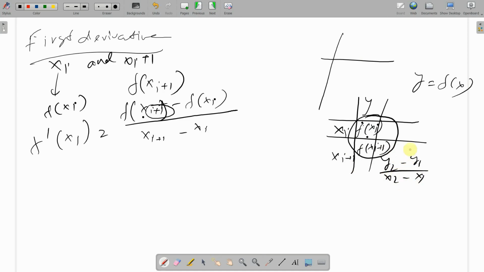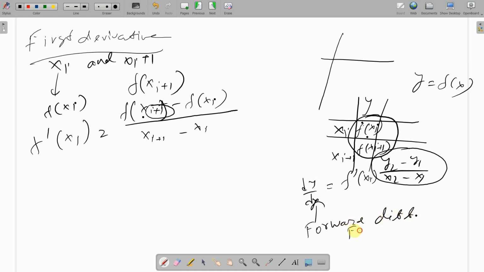So that gives you the slope, and that slope is f dash x_i, that means dy dx. Okay, so this is called the forward difference formula. So far what we know from our school was the forward difference formula, or in short FD.